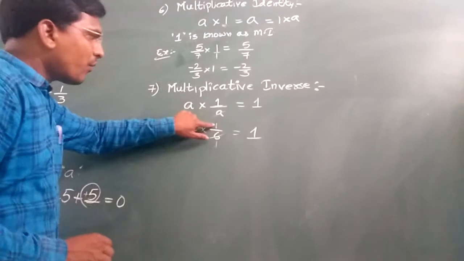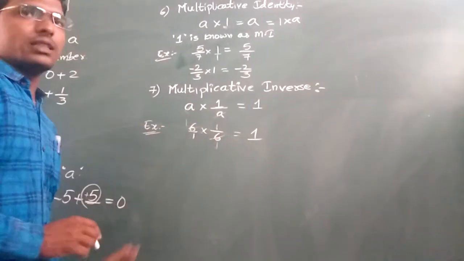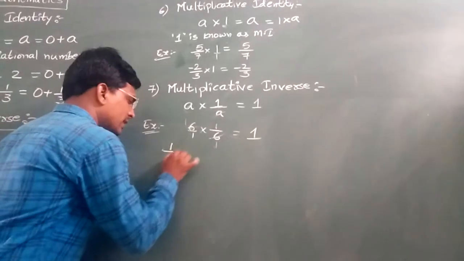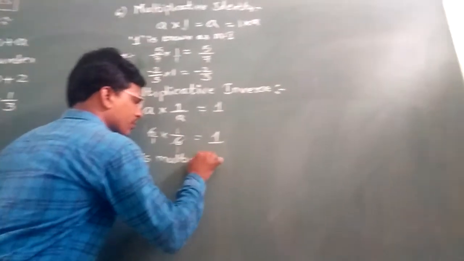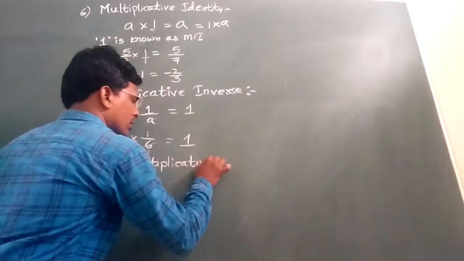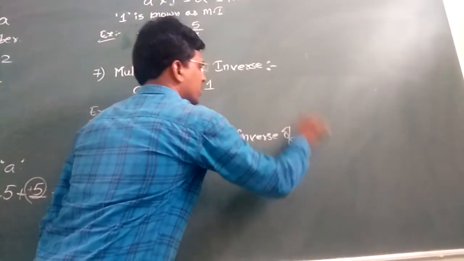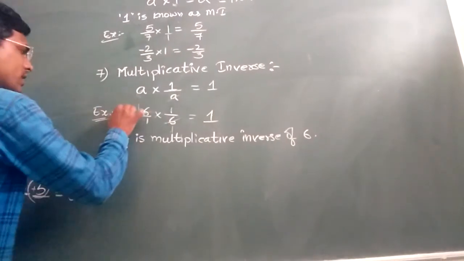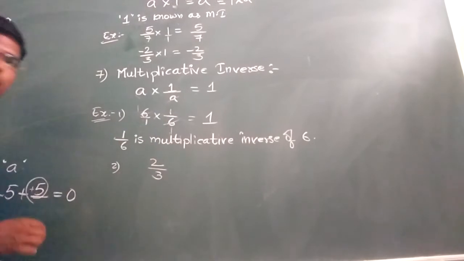Now we can say 1 by 6 is the multiplicative inverse of 6.